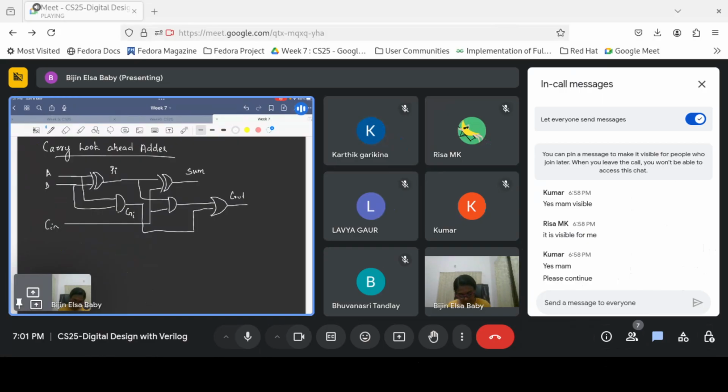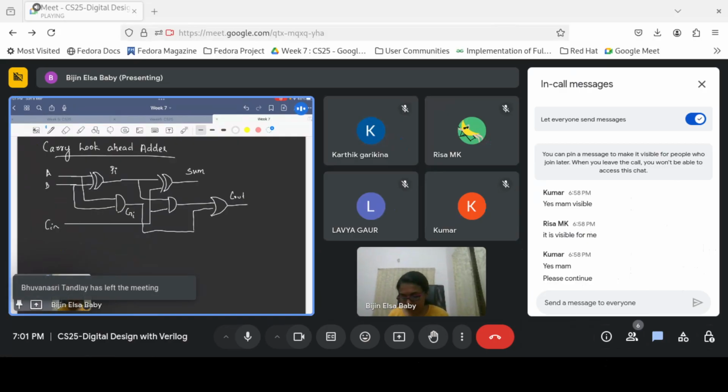So this is the design, the optimized design of the adder. You have two AND gates and one OR gate. So if A and B, if both these inputs are 1, this carry is going to be 1.